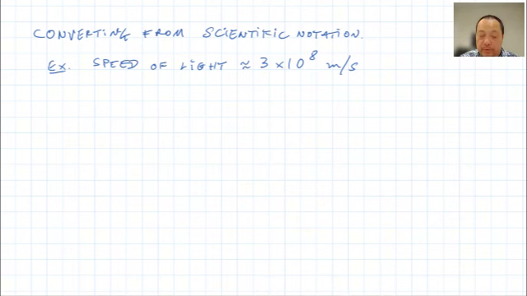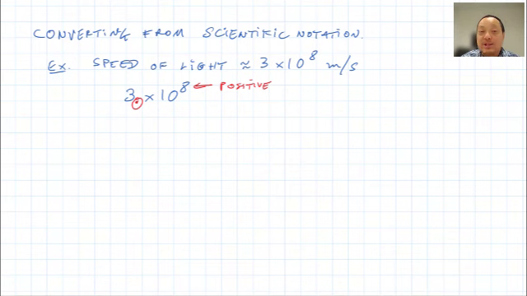I just go backward from where I was before. So 3 times 10 to the 8th. It has a hidden invisible decimal point here. And because this is positive, I know it's going to be a large number.